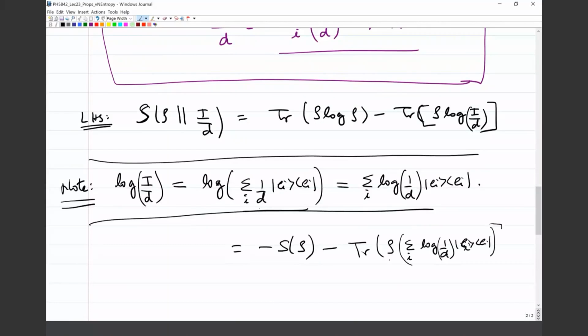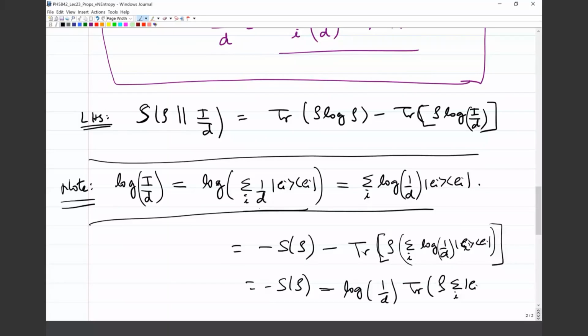I'm just going over the steps slowly so that you can do these problems yourself in the future. Now, log 1 by d is the same for all the i's, so I take that out. I can, in fact, take that out of the trace also. So that's just negative log 1 by d, trace of rho times sum over i of |e_i><e_i|.